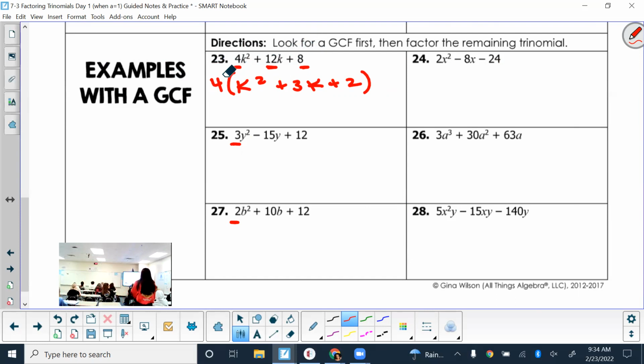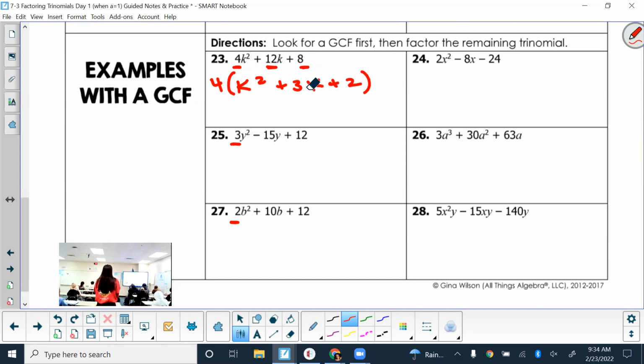All right. Now, before I box this up and say that's my answer, it can't be factored anymore, you do have to check the parentheses. If it can be factored using any one of the methods that we learned so far, so far we've learned difference of squares and the diamond method, then you have to factor.